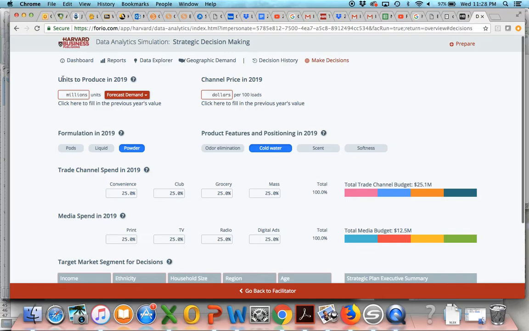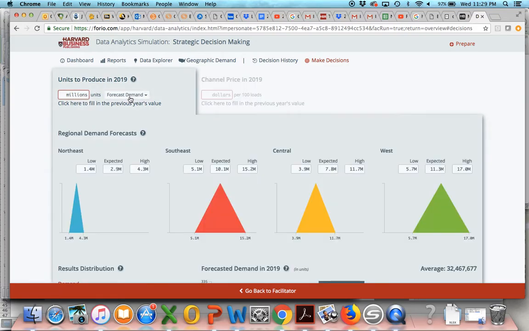One of the things you can do here, this one specifically, if you click on forecast demand here, it'll bring up estimates for how much they think in each region you could potentially sell.